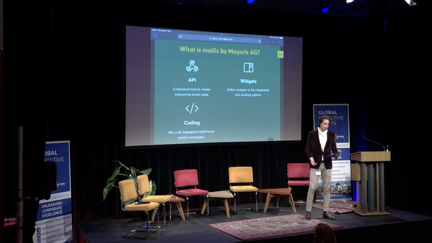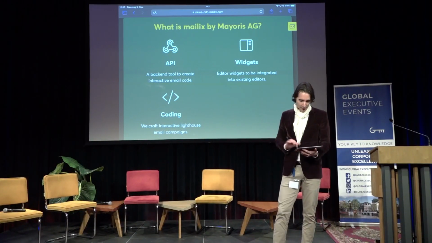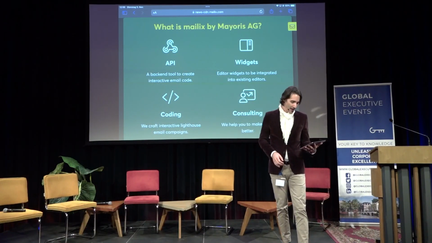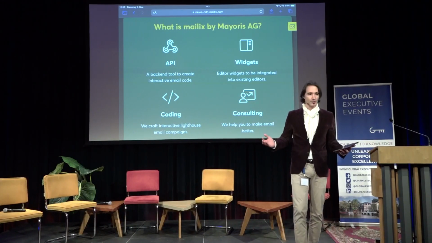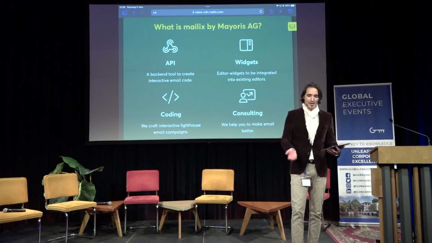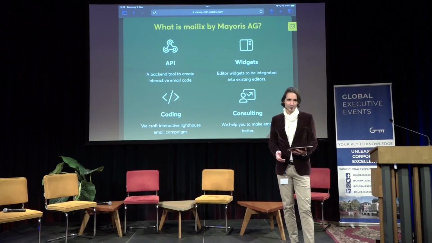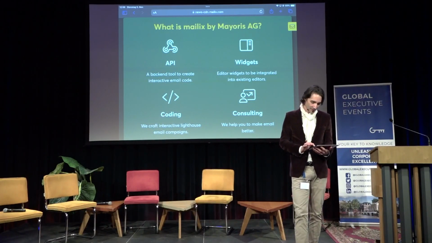We create custom solutions like the one for Rewe you saw, or this menu plan newsletter that can be replicated in other use cases. And we do consulting. If you think, okay, this is cool, but how can I start? What can I do? How can I integrate it or try it out? We can help you on that because we have done, I think, a 3-digit number of interactive emails in the past years.